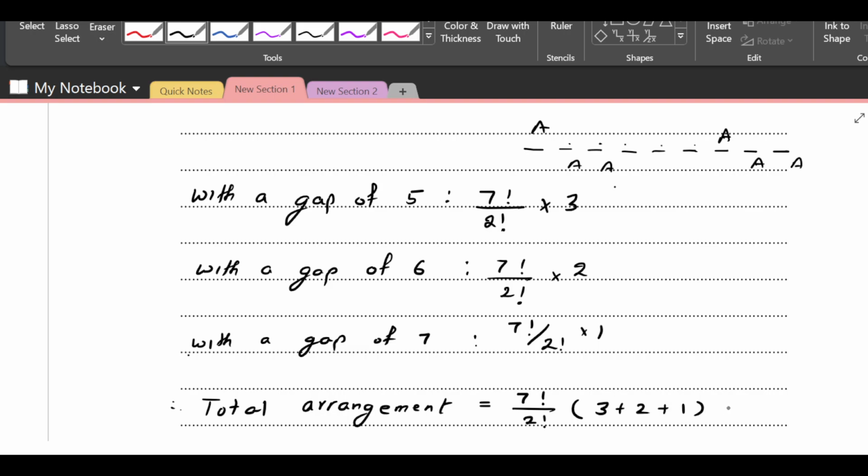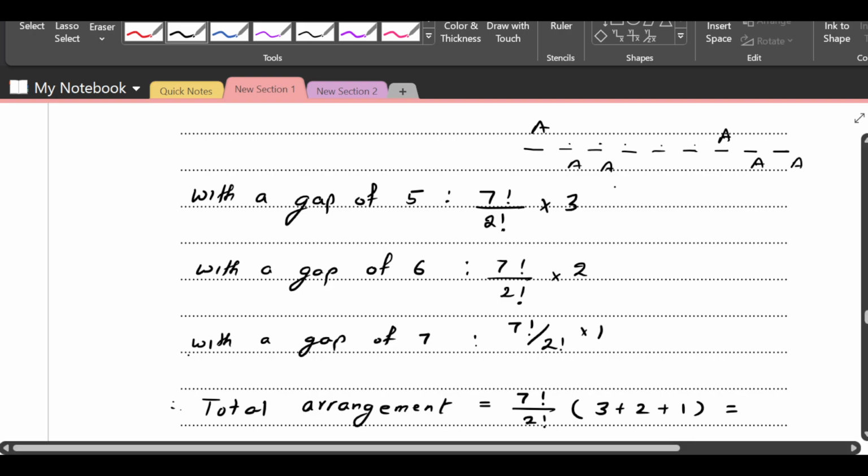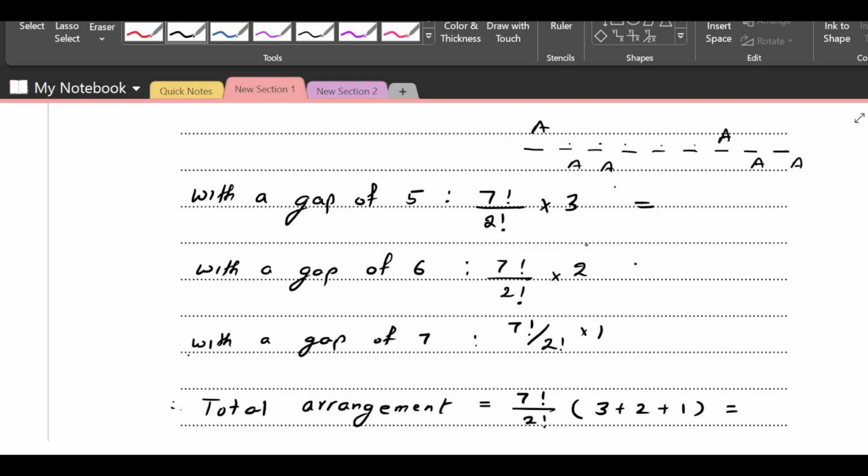So this will be 15120. What should we do? Actually, we should calculate here itself.